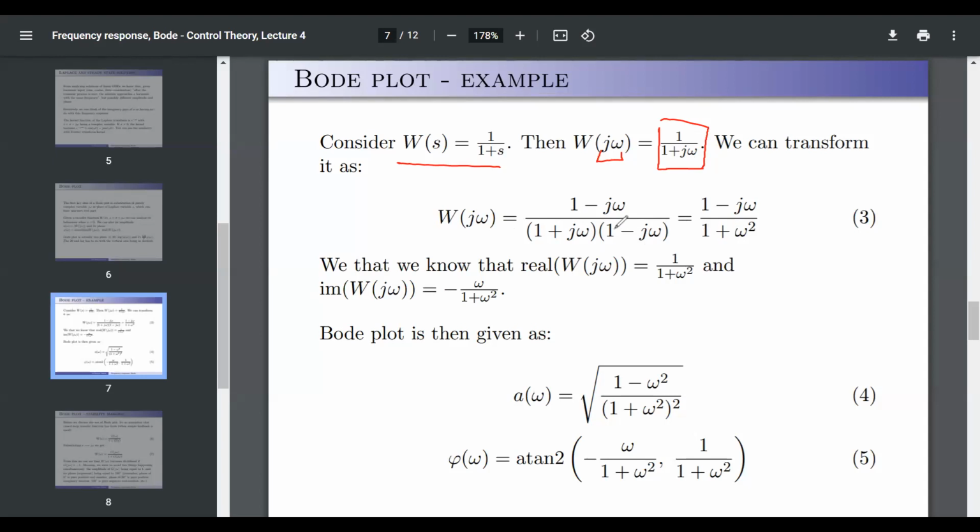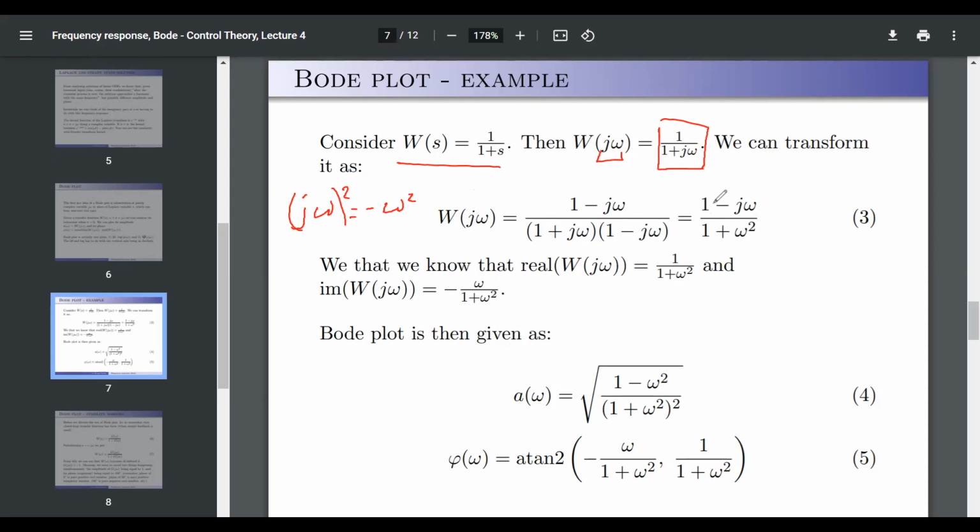And downstairs becomes 1 plus omega squared, because j omega squared is equal to minus omega squared, because the square of j is -1. And here you remember this formula, right? A plus B times A minus B is A squared minus B squared.